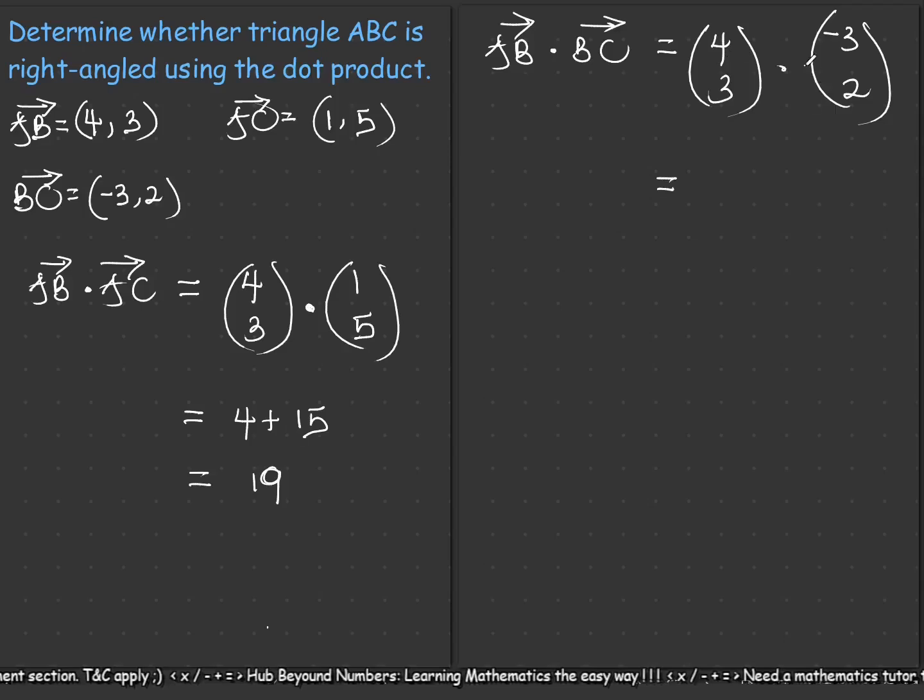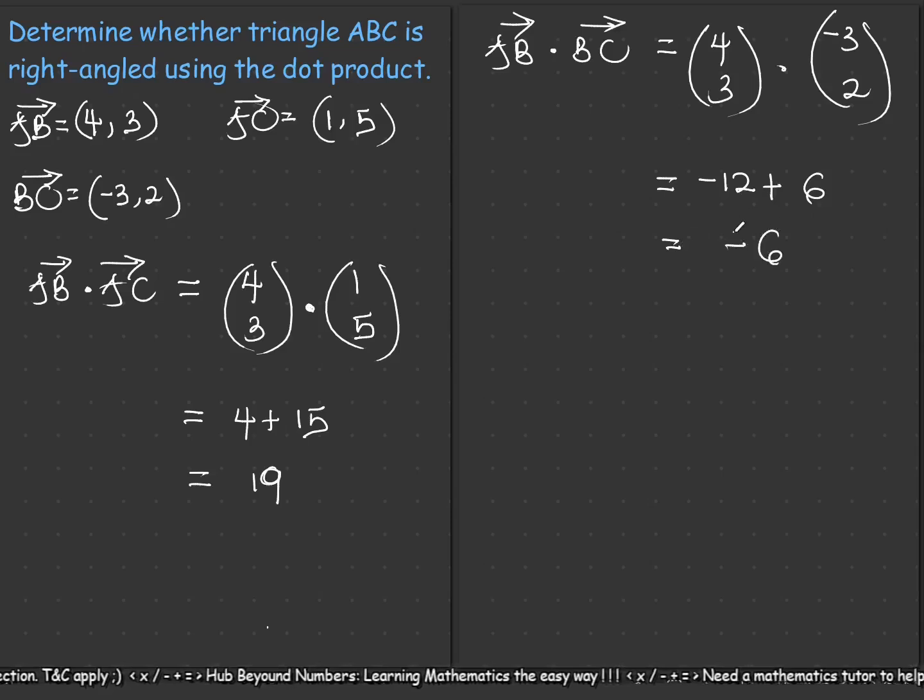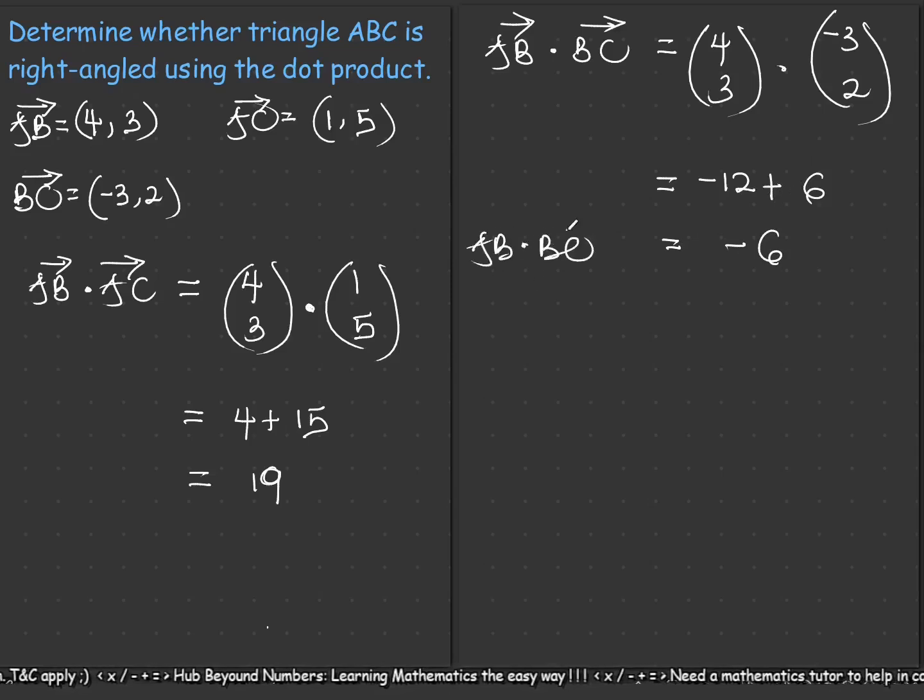We have 4 times -3, which is -12, plus your 3 times 2, which is 6. Adding this then gives you what? -6. That is -12 plus 6. So we have AB dot BC being equal to what? -6.